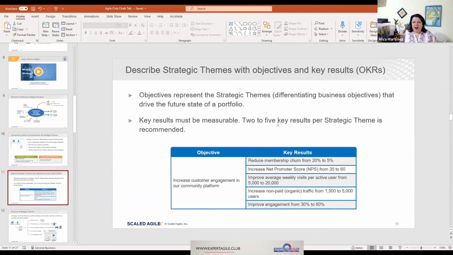They define the objectives with key results. And there is a big difference between the objective, for instance, increase customer engagement in our community platform, and the key results, which need to be defined in numbers and also in time.